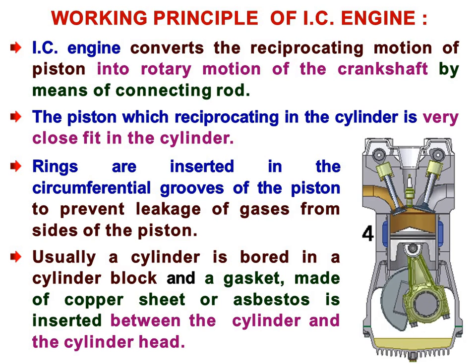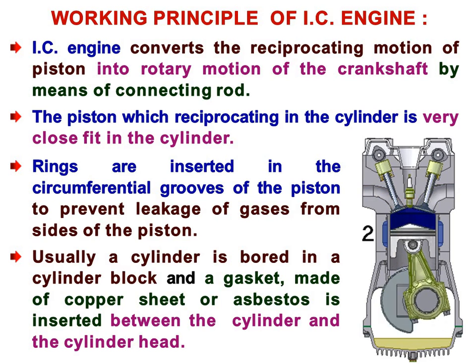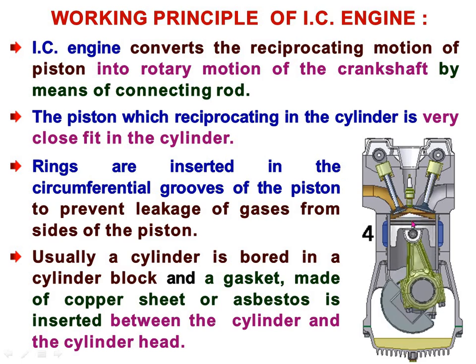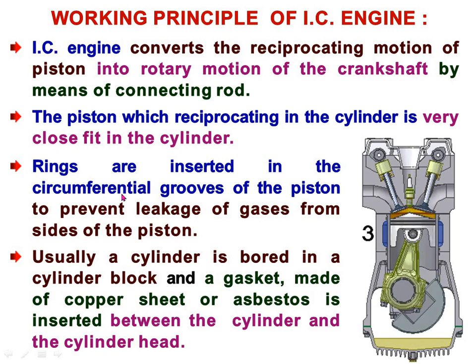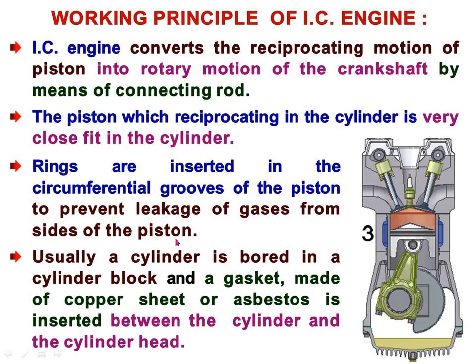So to prevent the leakage of gases in the piston cylinder assembly, the piston is closely fit in the cylinder through rings, that is, compression rings as well as an oil ring. Rings are inserted in the circumferential grooves of the piston to prevent leakage of the gases from the side of the piston, as I told earlier.